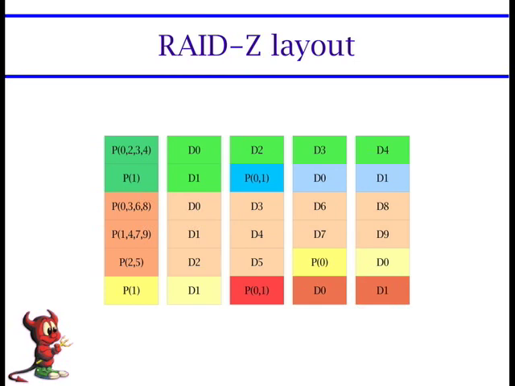So as you can see, you can end up with two parity columns in one row, which never happens for RAID 5. But in case of RAID-Z, this is the only way to guarantee atomic operations, because once you write the block, you always write the parity with the block.